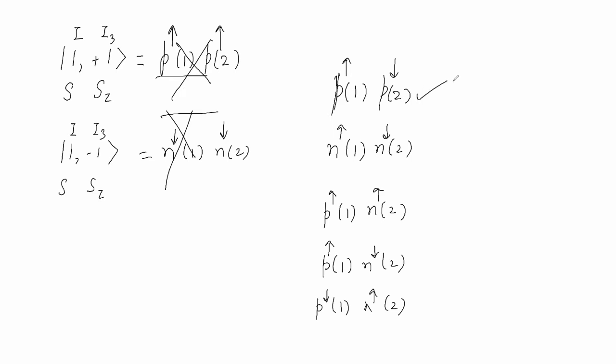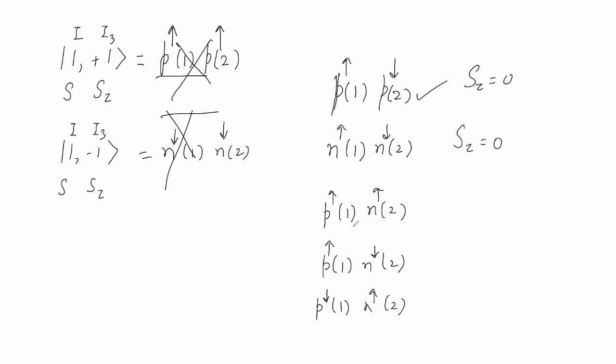Then what about a two nucleon system where one has a spin up, another has a spin down, such that the system has a spin 0. Here also the system has a spin 0.